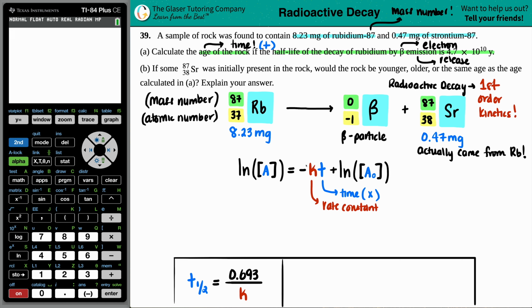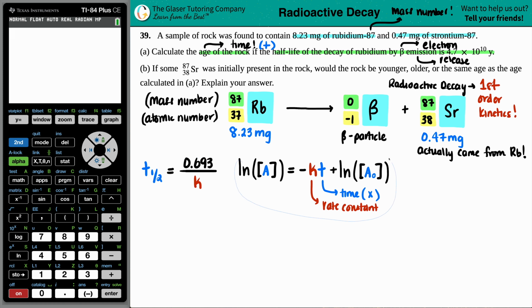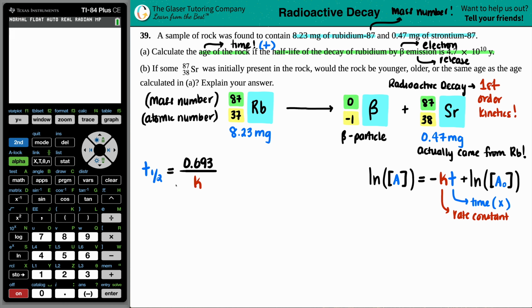So if I'm solving for t, I have to know these three things. But what's the other formula for first order? Oh, half-life equals 0.693 divided by k. Did they give us the half-life? They sure did. So I'm going to put this on the back burner over here, and let's work over here just to get that k value.